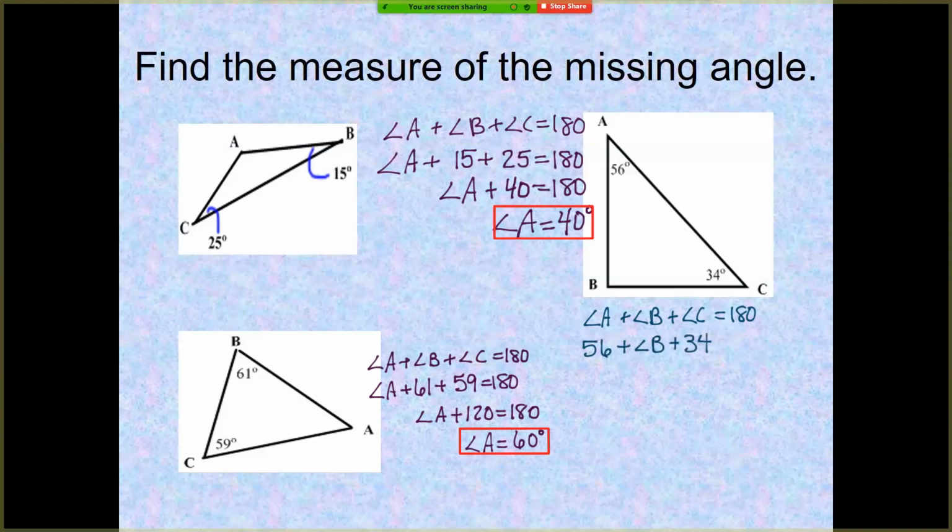Angle C is 34, and it's got to equal 180. When I combine 56 and 34, they give me 90. So angle B plus 90 equals 180. When I subtract 90 from both sides, I learn that angle B equals 90 degrees.